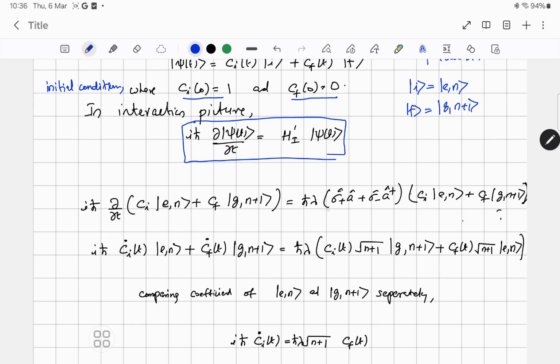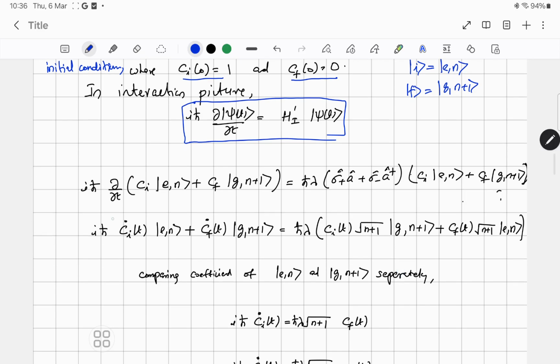Okay, and on the right side the H prime I would be ħλ(σ+ a + σ− a†), acting on Ci e, n and Cf g, n plus 1. Now if you look at the left side, we have to do the time derivative. So Ci becomes Ci dot and Cf becomes Cf dot. Okay, so if you keep a dot above the symbol, that means there is a time derivative.